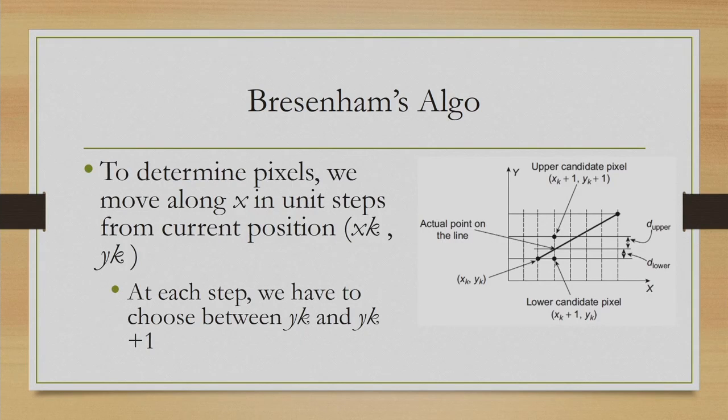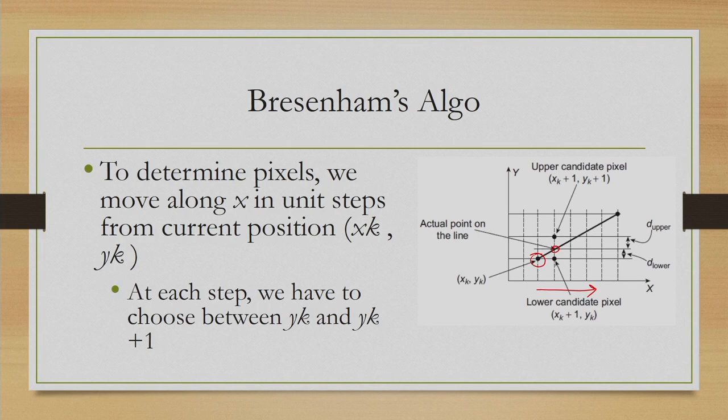Now, let us try to understand the situation. Suppose this is the actual point on the line and we are moving along the x direction. The current position is given by this point x k, y k. Now, the actual point on the line is a floating point number, a real number.